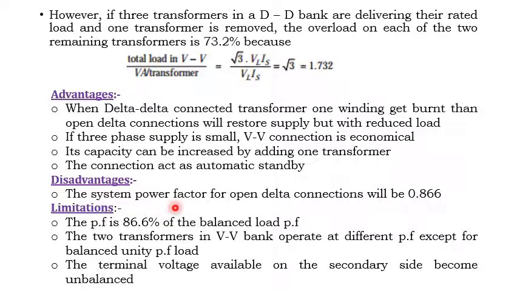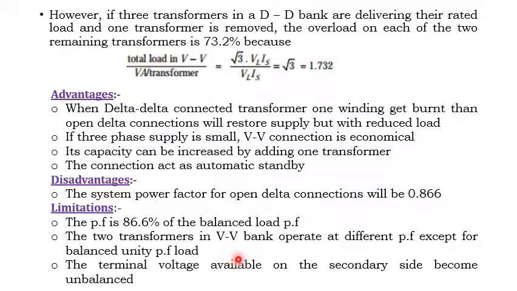And you can observe some limitations by operating this type of configuration. So what are those limitations? First limitation is that the power factor is 86.6% of the balanced load power factor. Obviously power factor will be decreased here, so this power factor will be fixed, that is 86.6% of the balanced load power factor.